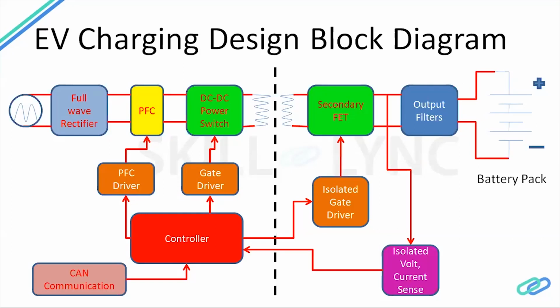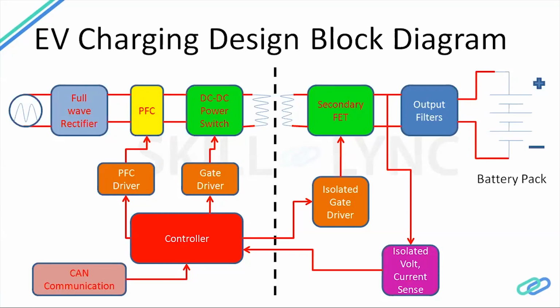But we have to use a small microcontroller for our communication purpose, like CAN communication, because in the automotive domain, CAN communication is a must for communicating either with the battery pack or with the vehicle control unit or the motor control unit. So based on the application and architecture, we have to communicate with different components.